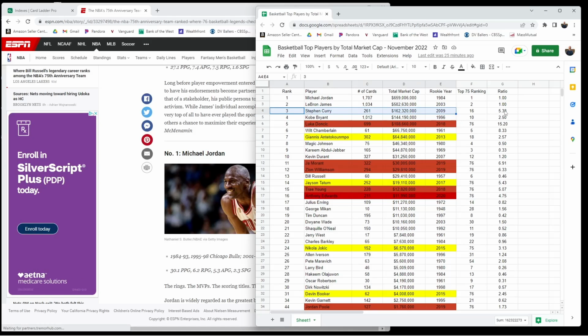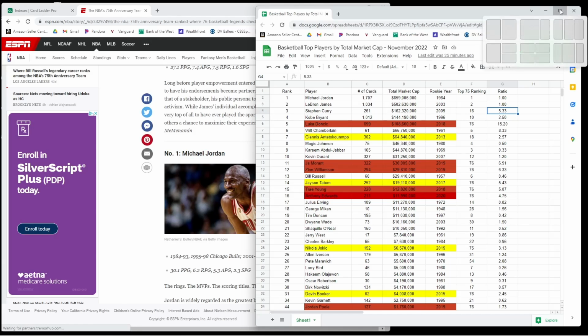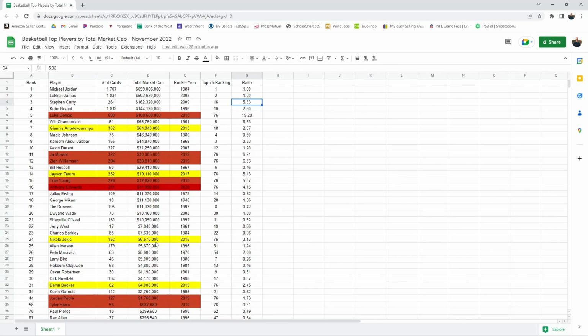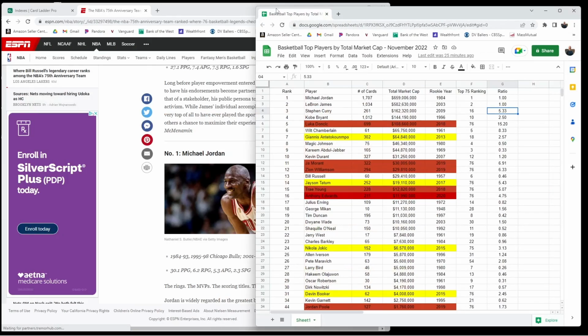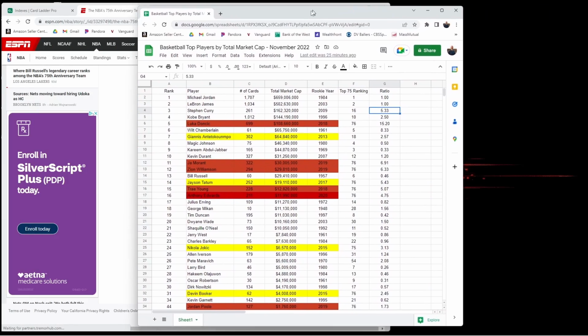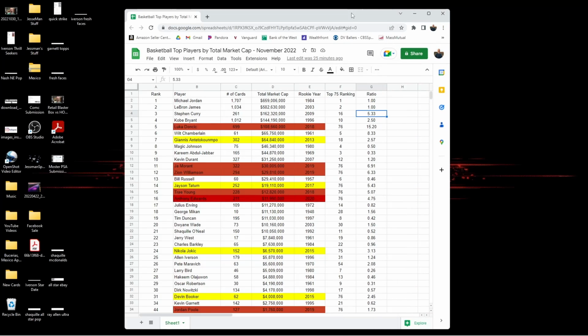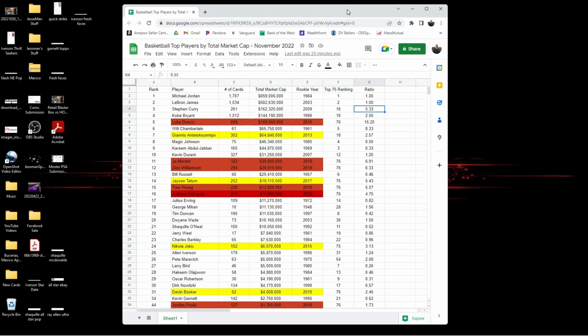And then I came up with a ratio. I wish there was a better way to center this. I might just have to do it like this. And you just go down.